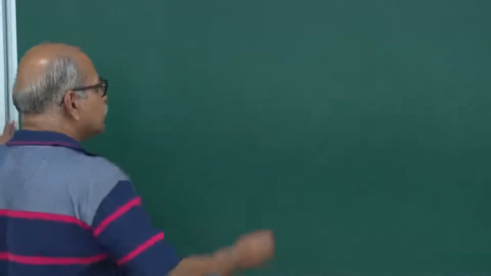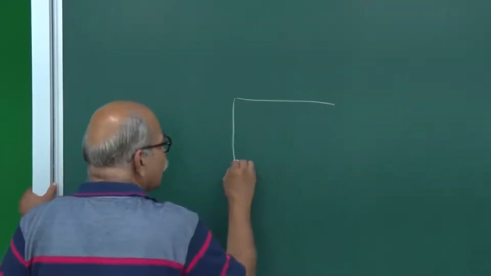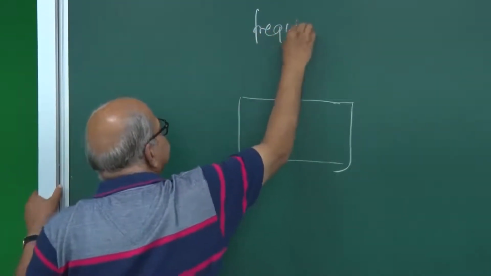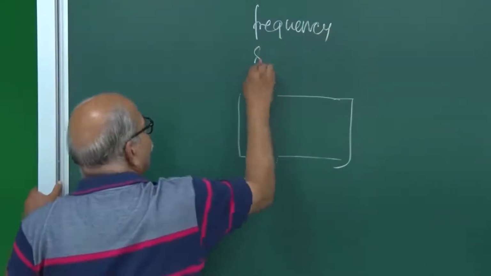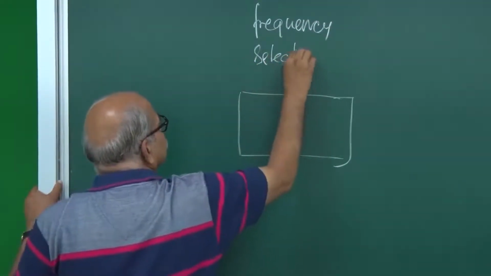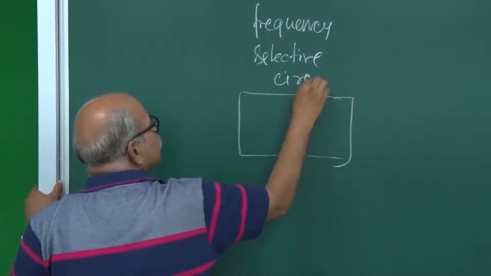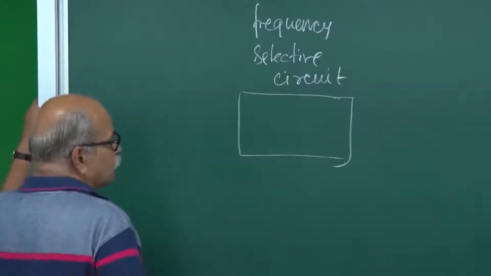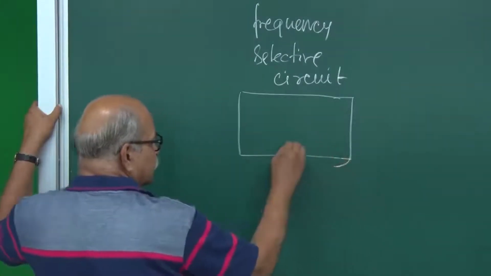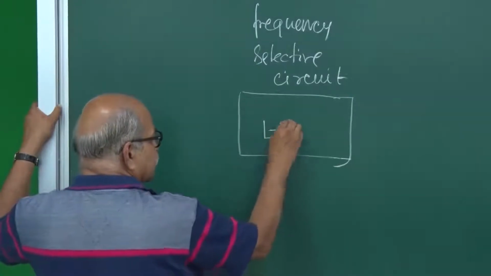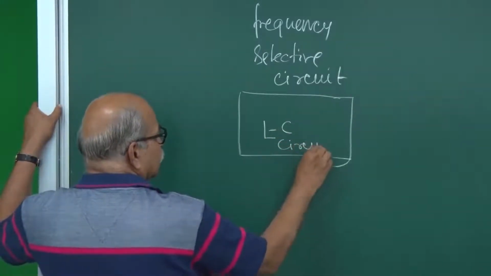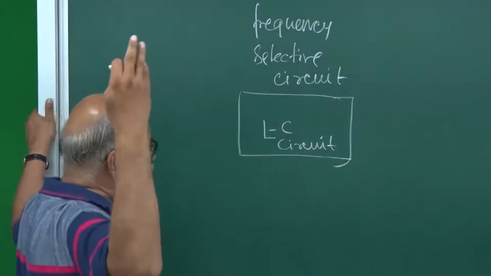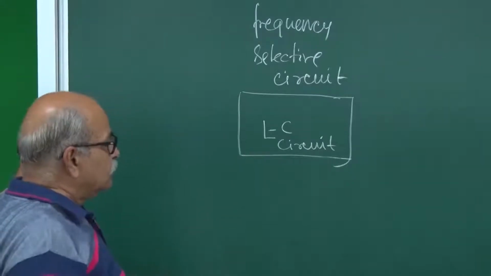The essential parts are that you have some kind of a frequency selective circuit, also sometimes known as frequency selective filters, and what we discussed was this LC oscillations, LC circuit, which is used for several tens or hundreds of kilohertz onwards up to say megahertz.